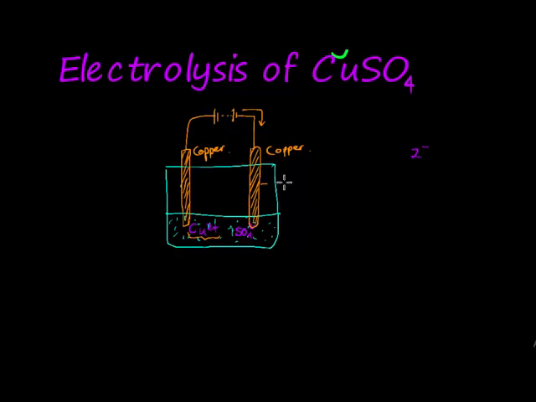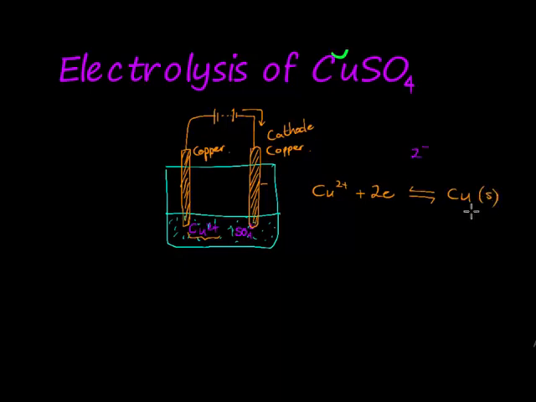So this would happen at the cathode. We say the cathode is the one receiving electrons from the outside of the circuit.